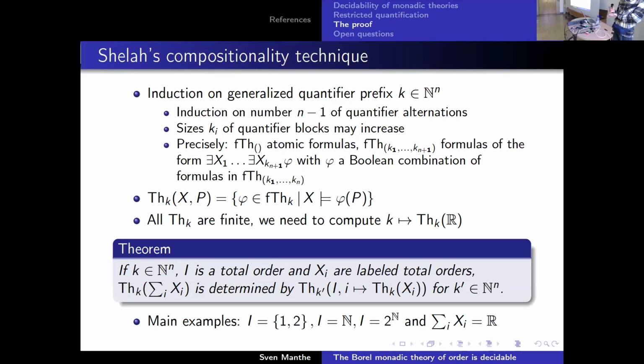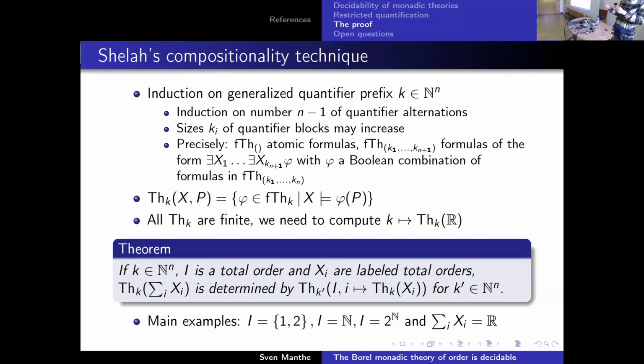More precisely, we can define the stratification of formulas which have quantifier blocks with first K1 existential quantifiers, then K2 universal quantifiers, then again K3 existential quantifiers, and so on, parameterized by a tuple of natural numbers. But this kind of boundedness is nonetheless important because it guarantees that for each fixed tuple K, we only have a finite number of formulas up to logical equivalence, using that we are working in a relational language.